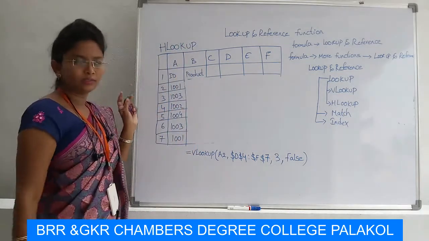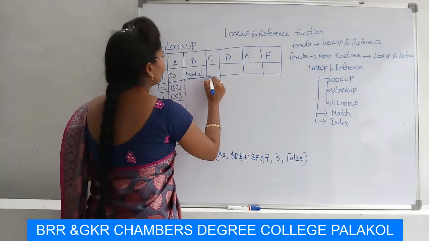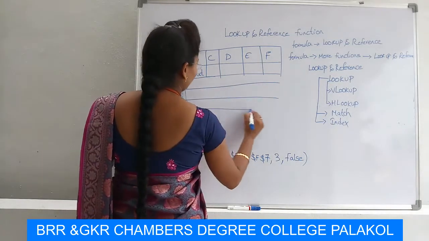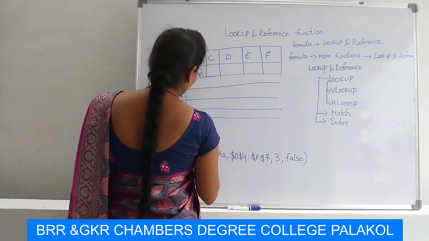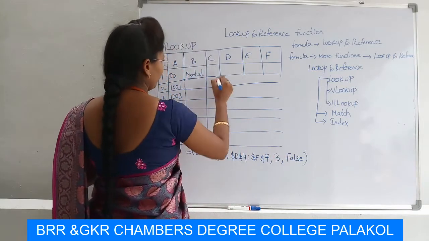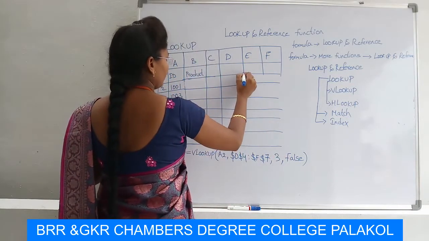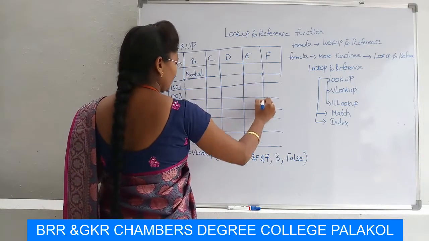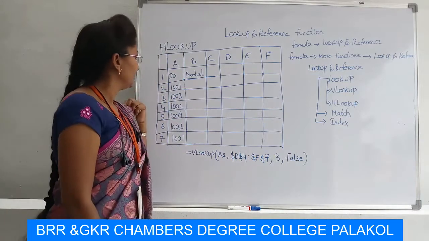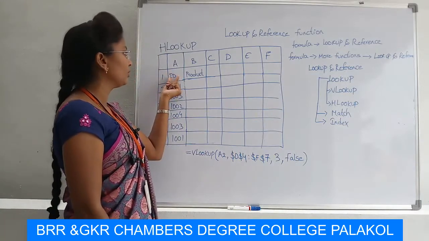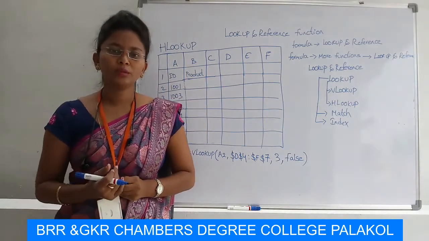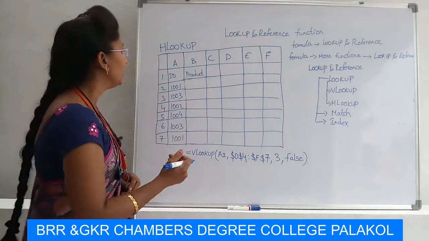Here I am taking one more sample sheet. Here I am taking the data, and I just entered the previous one only, ID number and product here. And I want to take the ID number, brand, product names in the D3 cell.